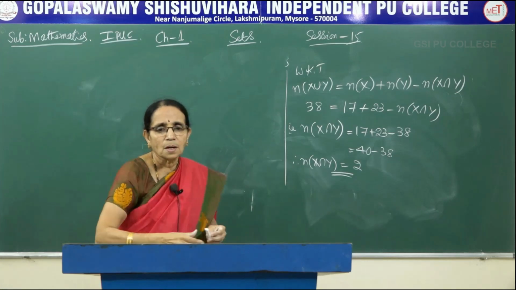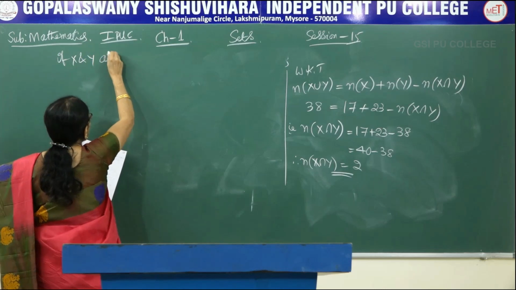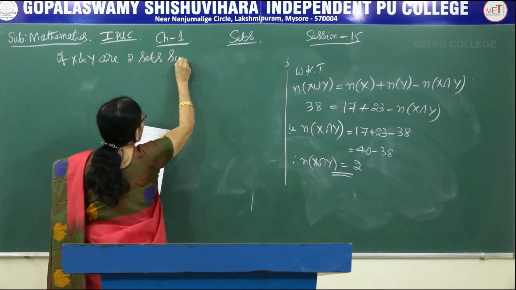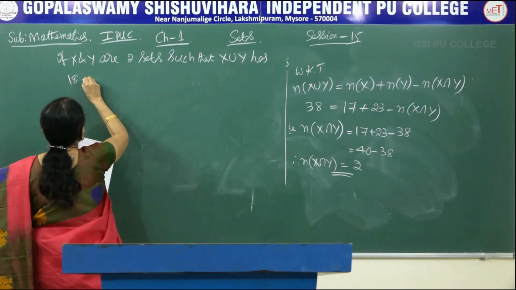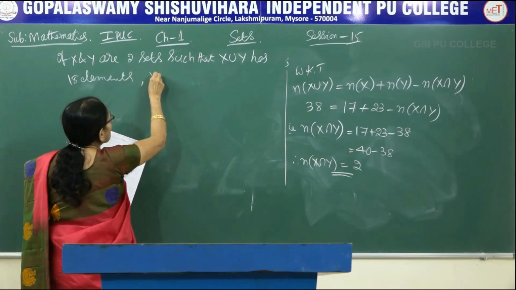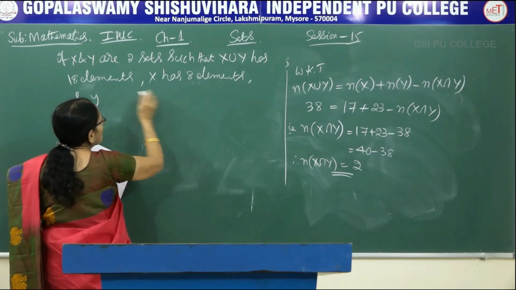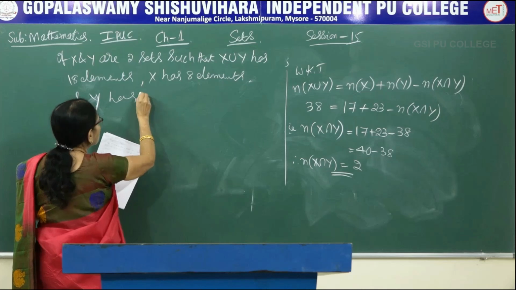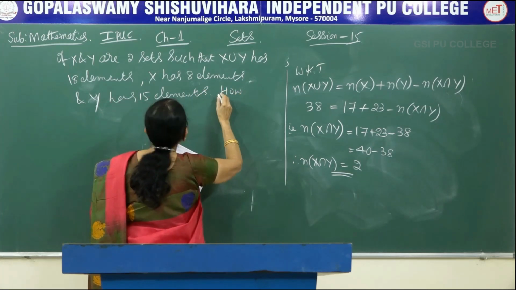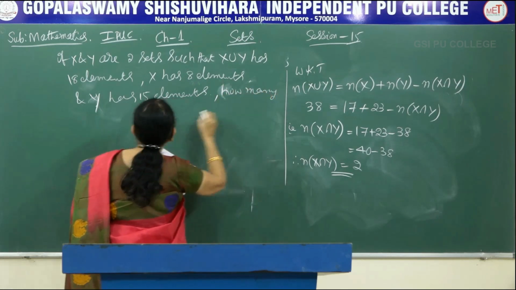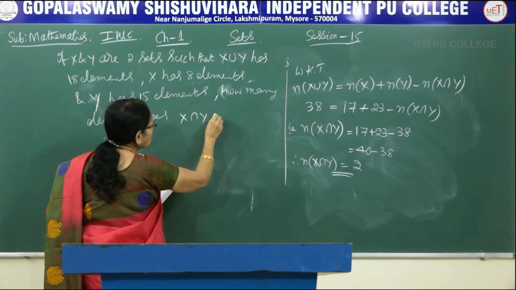Like in the next problem, here it is given that if x and y are two sets such that x union y has 18 elements, x has 8 elements, and y has 15 elements, how many elements does x intersection y have?